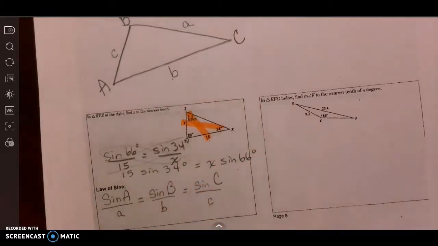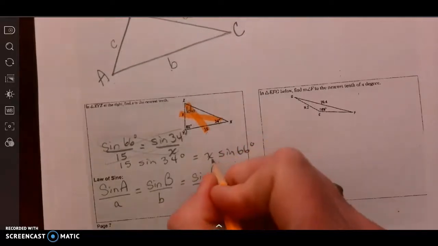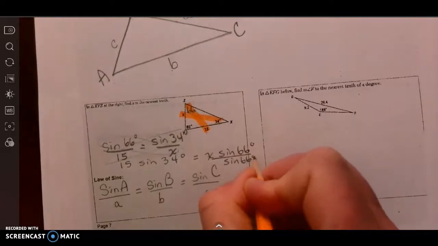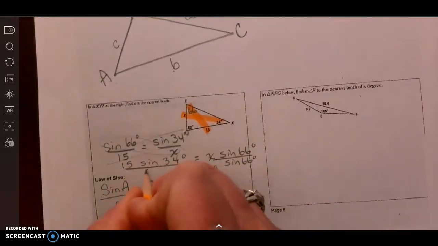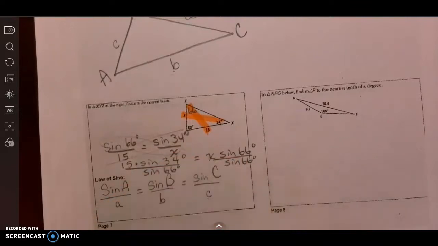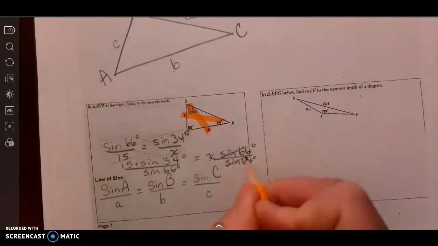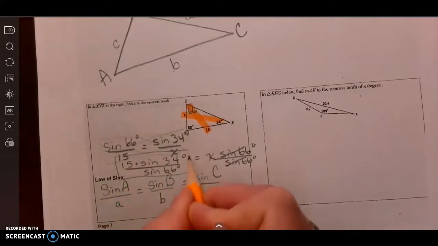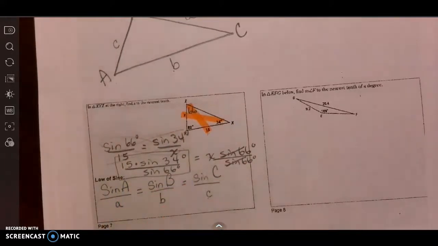I'm trying to solve for x, so I'm going to divide both sides by the sine of 66. And these cancel.